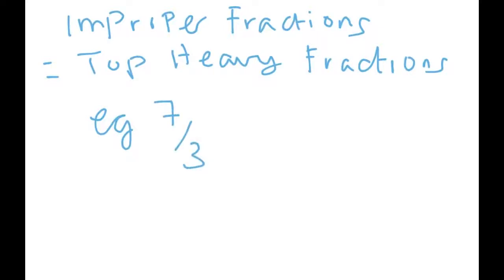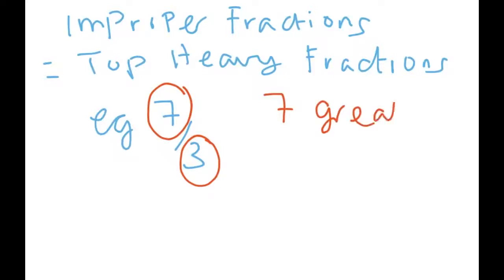We call this top-heavy because the numerator, so remember, numerator means the top of the fraction, so the 7 here is greater than the denominator, or another word for the denominator is the bottom of the fraction. So here, 7 is greater than 3.